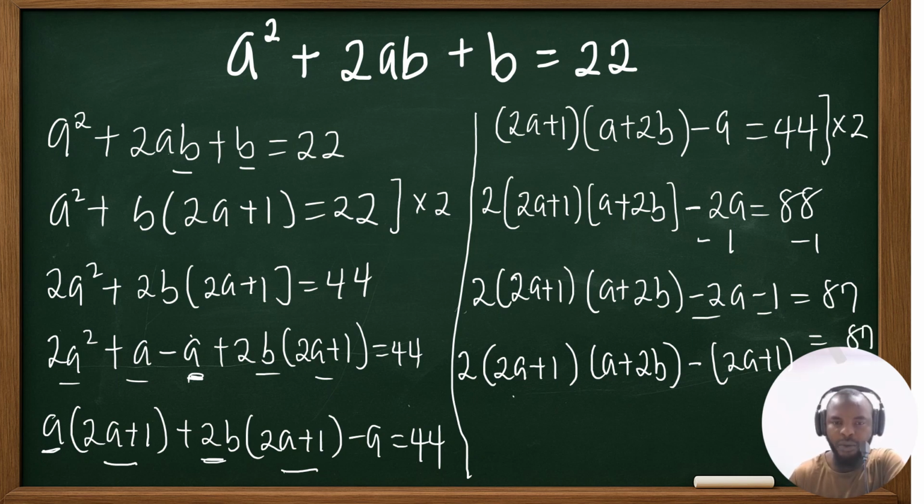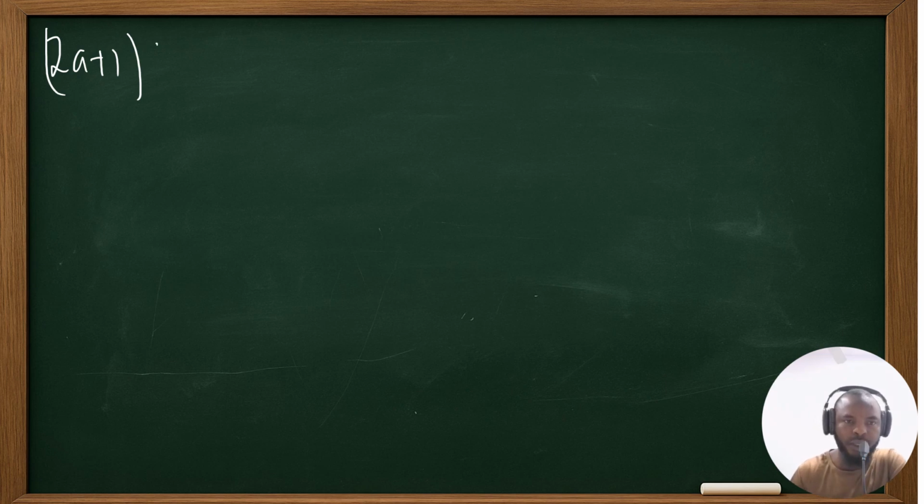Now, from here, 2a plus 1 is common. So we're going to factor that out in the next slide. Here, we factor out 2a plus 1, and you're going to be left with 2 into parentheses a plus 2b minus 1, which equals 87.